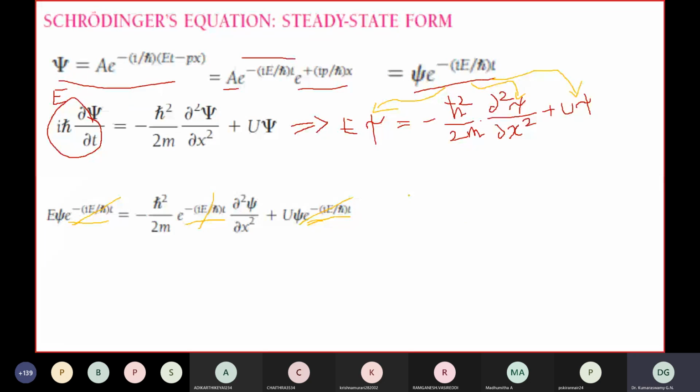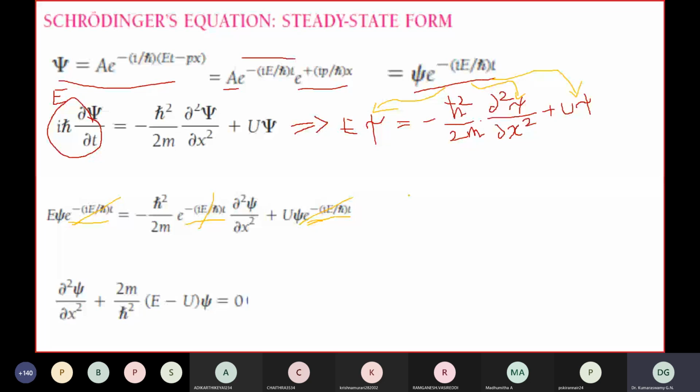What is left over is this equation: dou square psi by dou x square plus 2m by h cross square into E minus U into psi is equal to 0. That is what you get. Clear? Any doubts here?